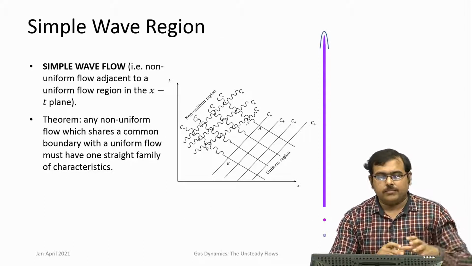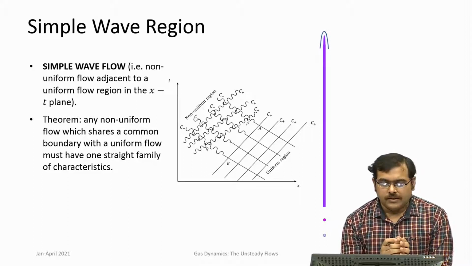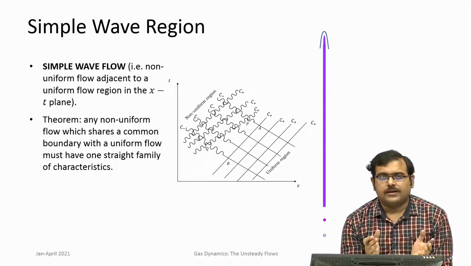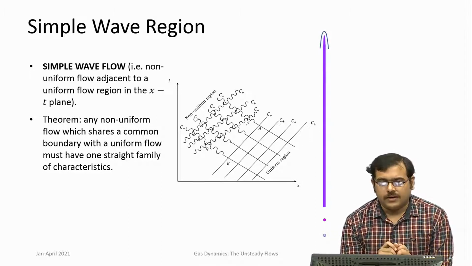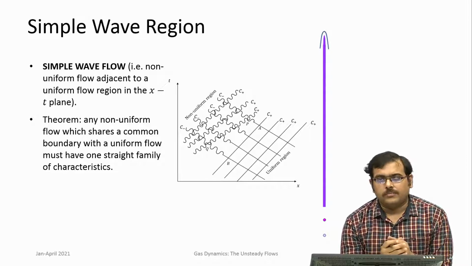But if you have a simple wave region, a region where it is a simple non-uniformity, not completely non-uniform, then you have a property that one set of waves, either C plus or C minus, depending on the problem, will be straight lines, and the other one will be curved.